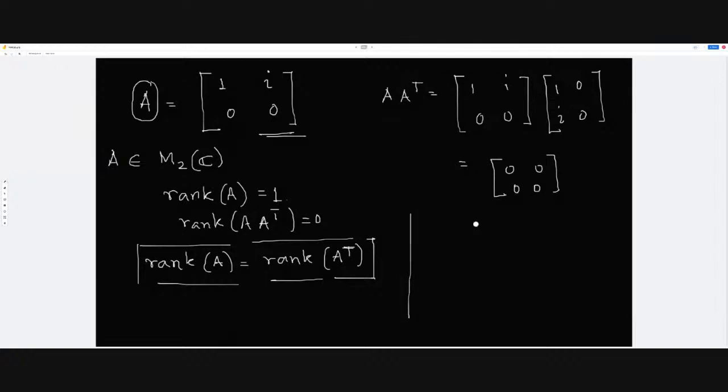Let X be a vector such that A transpose of X is equal to 0. So I'm taking a vector from the null space of A transpose.